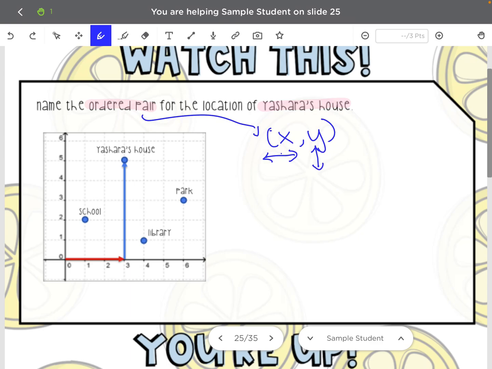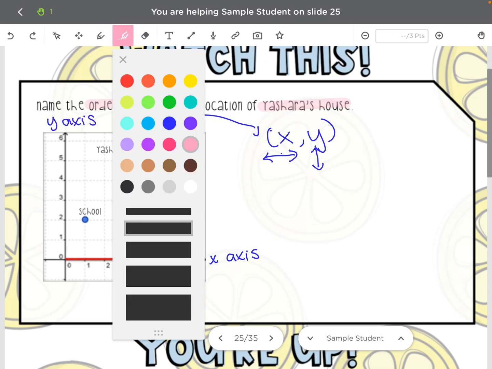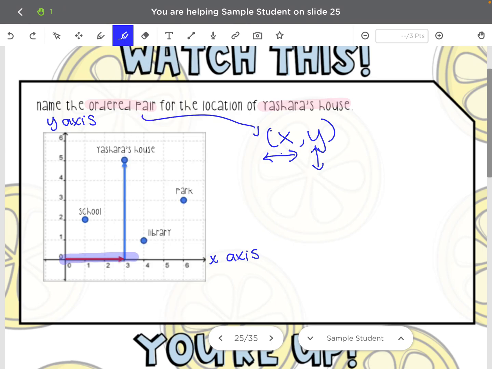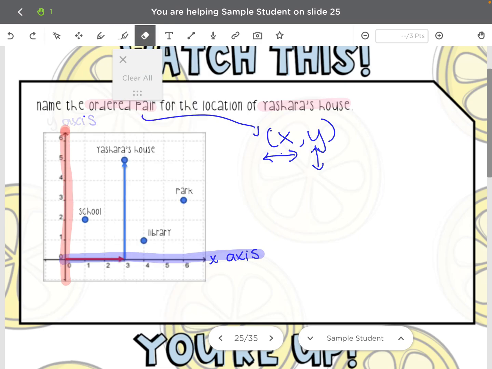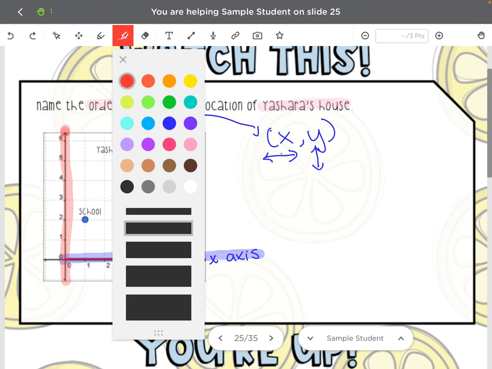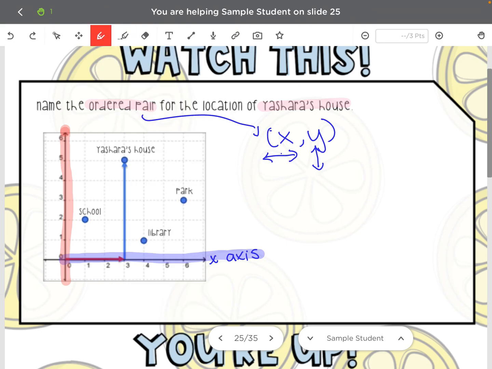So on our coordinate plane, we have the x-axis and the y-axis. I'm just going to change this to red so that we can remember it's the y.